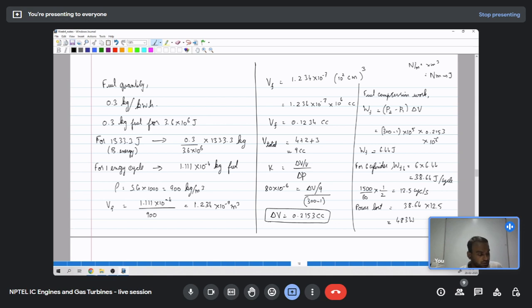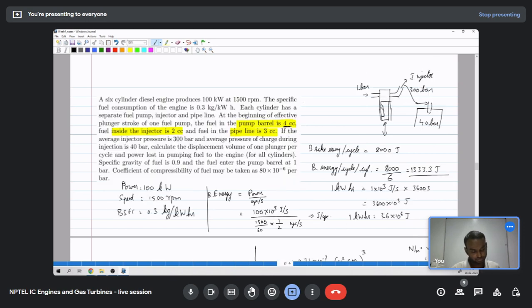Do you have any questions in the problem? Was this kind of problem or derivation dealt in the classes?